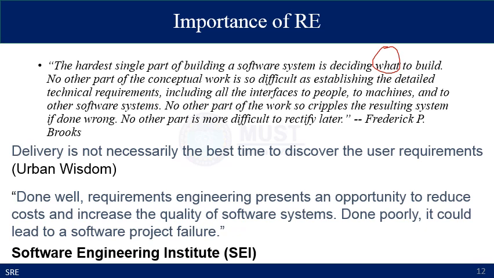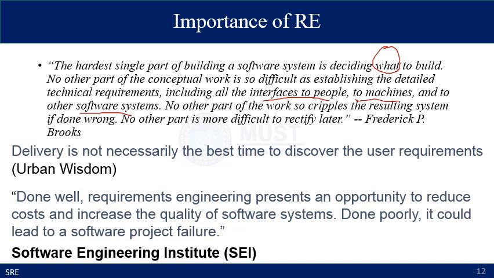It also includes the interfaces to the people, interfaces to other machines, and to other software systems. No other part of the work so cripples the resulting system if done wrong, and no other part is more difficult to rectify later. As we will see in the upcoming slides, faults caught in the requirement engineering process are easy to manage and handle.